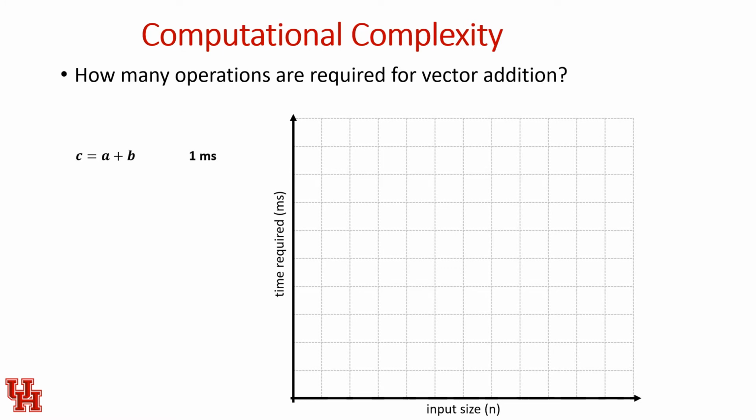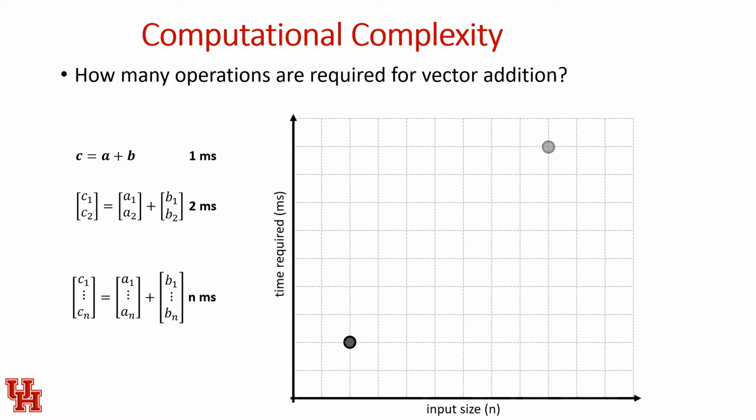Now, let's assume that a flop requires 1 millisecond. So a 2-element vector addition will require 2 milliseconds to evaluate, while a 9-element vector addition will require 9 milliseconds, and an n-element vector will require n milliseconds. This allows us to extrapolate a line approximating the runtimes for any number of vector elements.